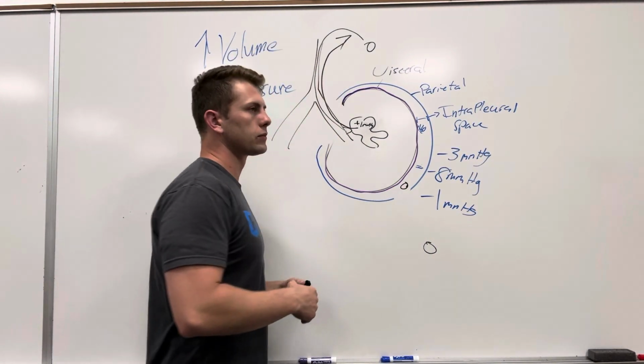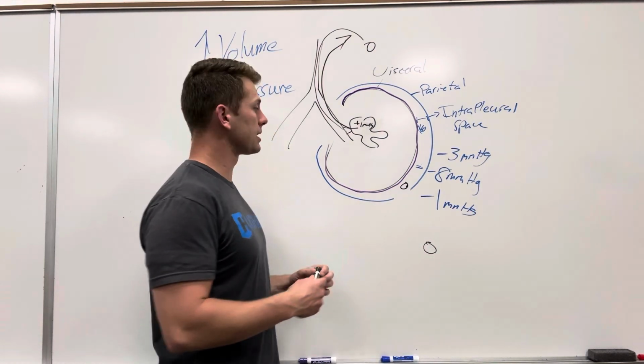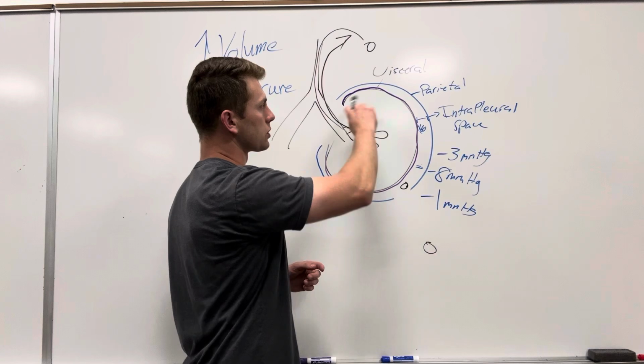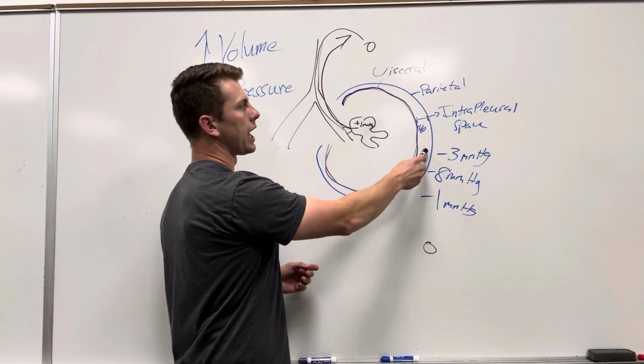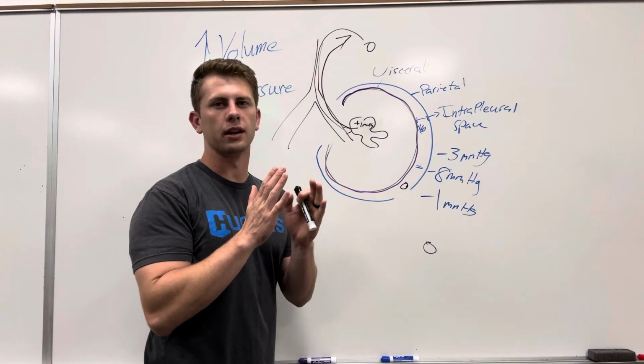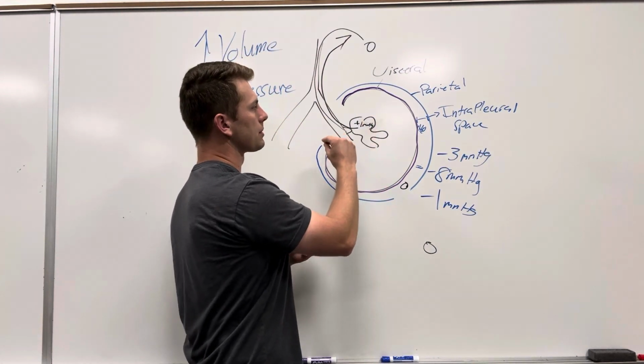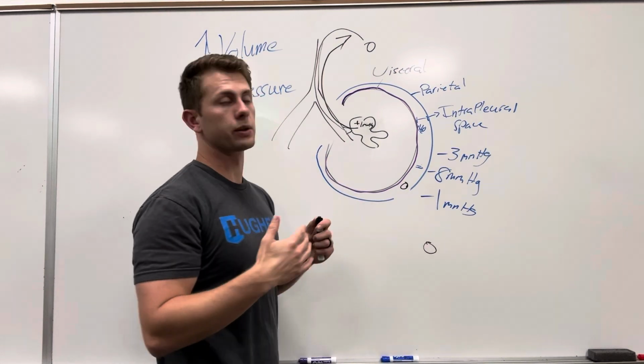And so now, even at rest, this visceral pleura does not hang on to the parietal pleura anymore, because this negative pressure kind of created a vacuum, you could say. And so our lung is just going to collapse, because our lung naturally wants to collapse.